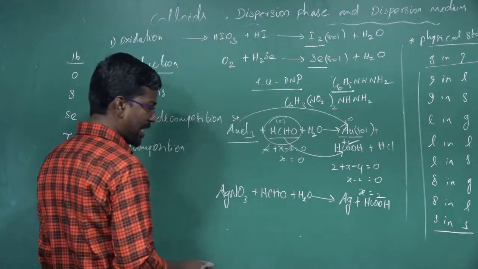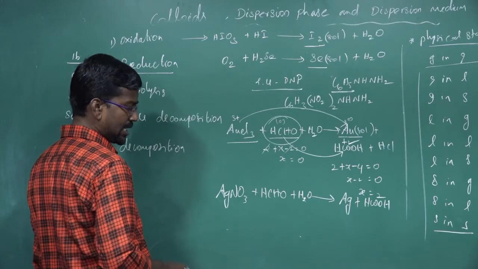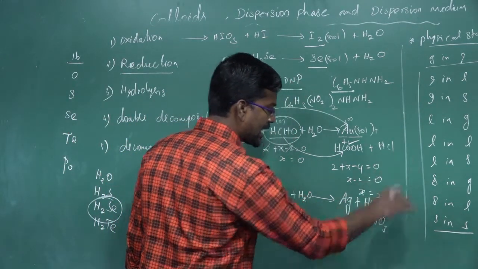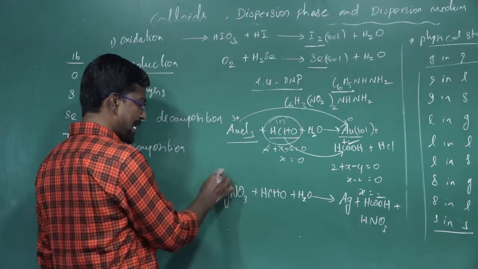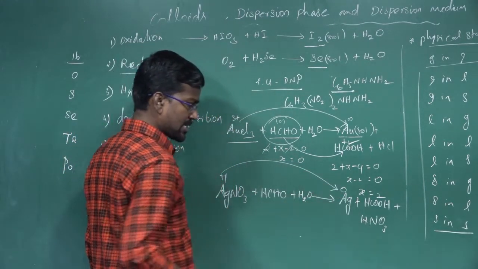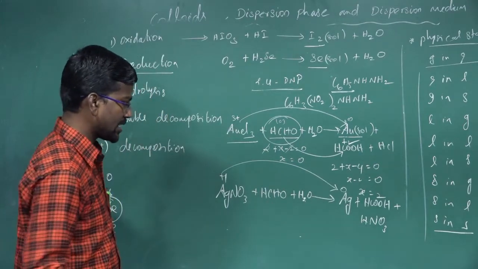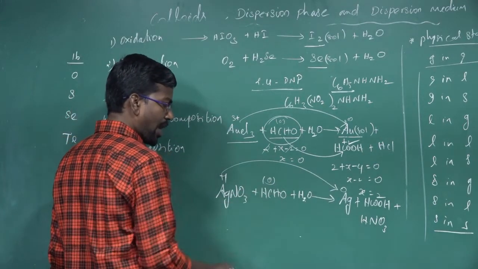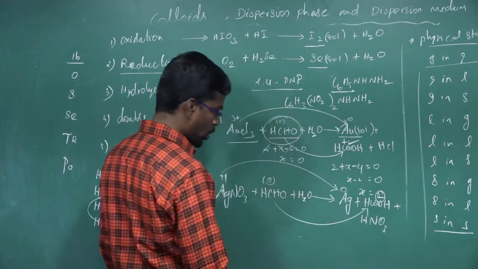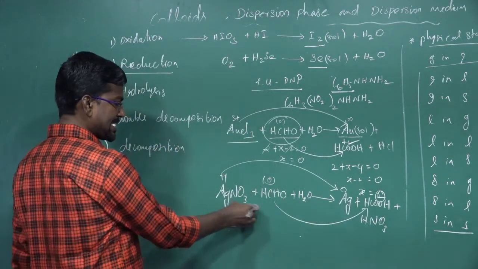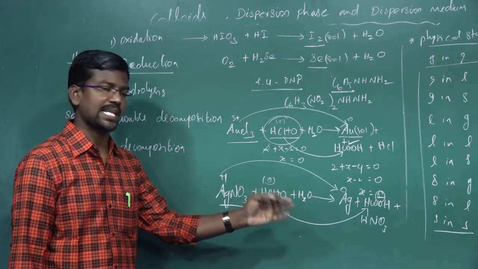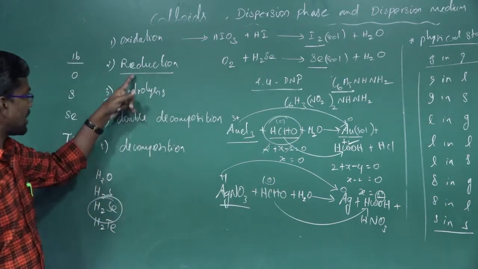The hydrogen in the water molecule and the nitrate from silver nitrate form nitric acid, HNO3. Here the plus 1 oxidation state of silver is reduced to 0. Reduction process. So formaldehyde is a reducing agent. The 0 oxidation state of formaldehyde is oxidized to plus 2. So in the oxidation process, silver nitrate acts as an oxidizing agent. This process is also a redox reaction. Okay, it's an example of a reduction process.